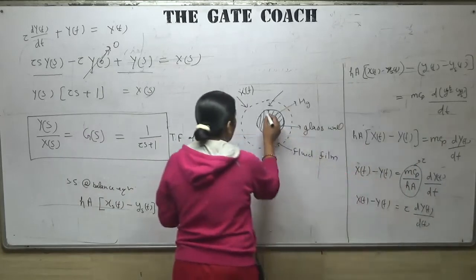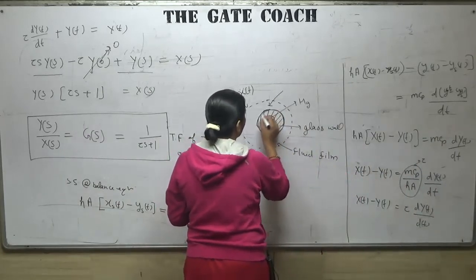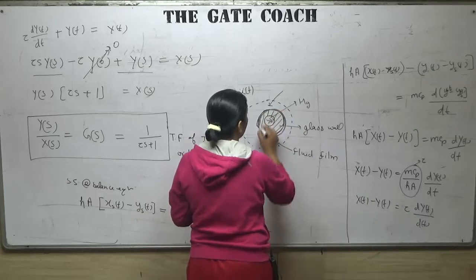Which area? The area that is in contact with the bulb, the outer side of the mercury. That is the area.